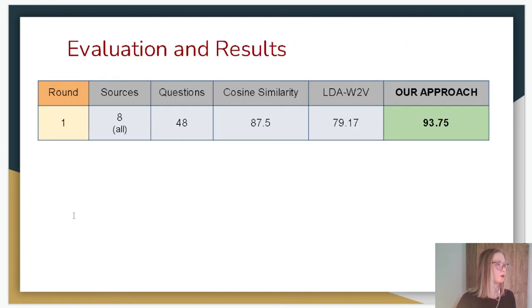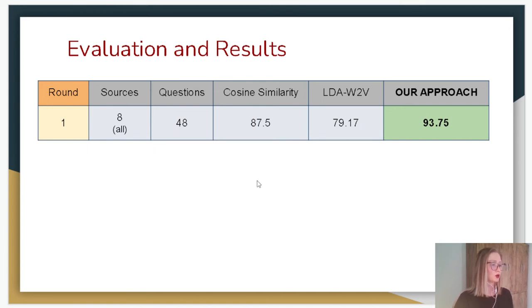Talking about the evaluation and results, the evaluation was performed in 3 rounds. So here we have results from the first round. In the first round we used all 8 candidate sources and the test set containing 48 questions.